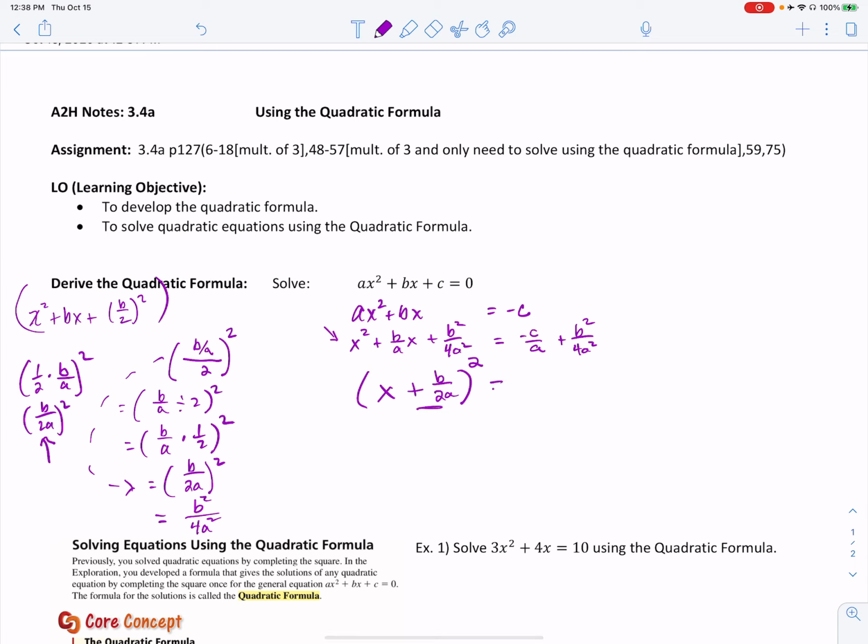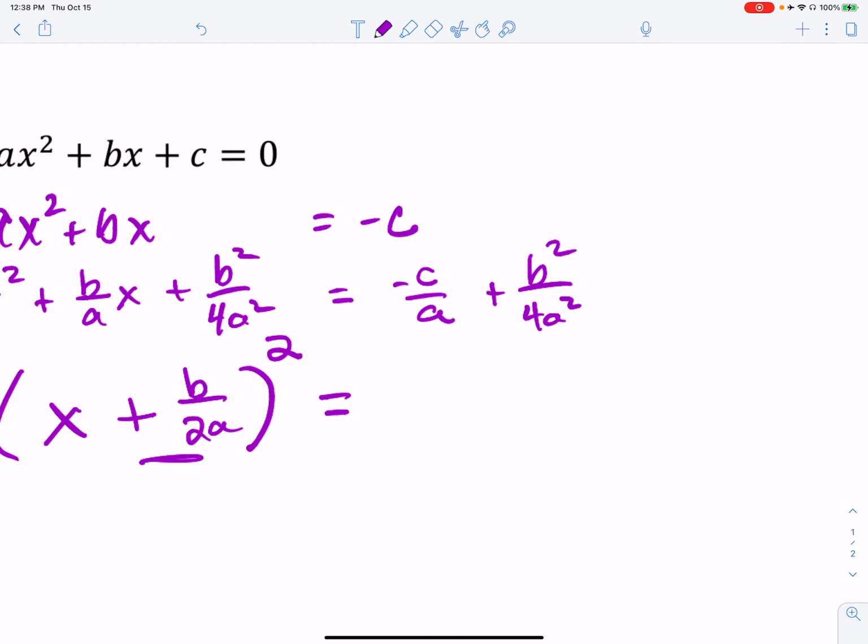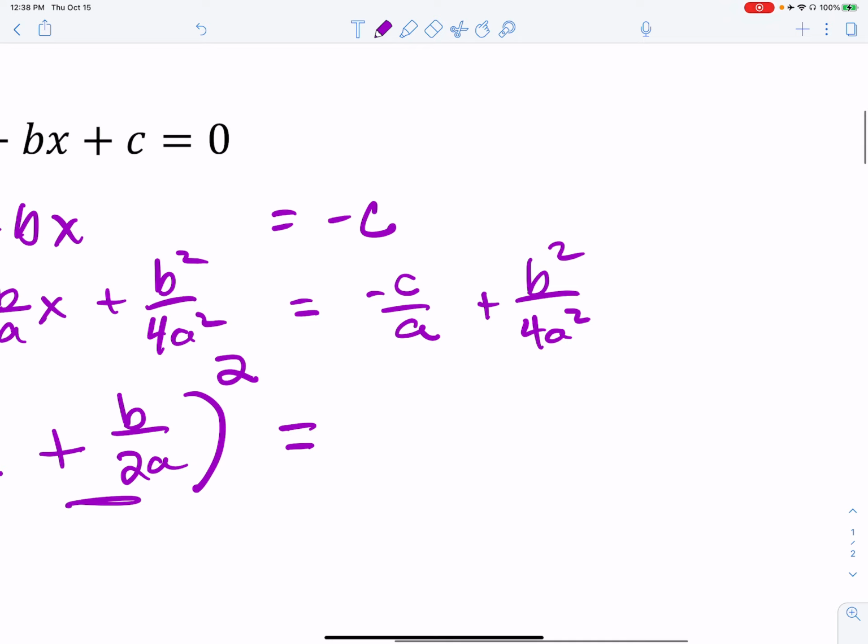And then on the right-hand side, we're going to get a common denominator. I need the denominator to be 4a squared, so I need to multiply both the top and the bottom by 4a so that I can have a denominator here of 4a squared.